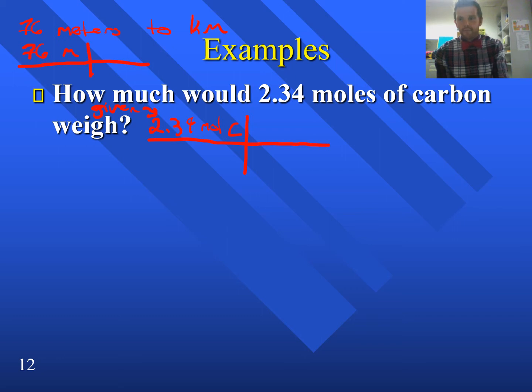I'm going to take my unit, and I'm going to drop it down. So it's going to just go right there. So I would end up with meters on the bottom, and then whatever I want to switch it to, so I want to switch it to kilometers, I'm going to put that up top.